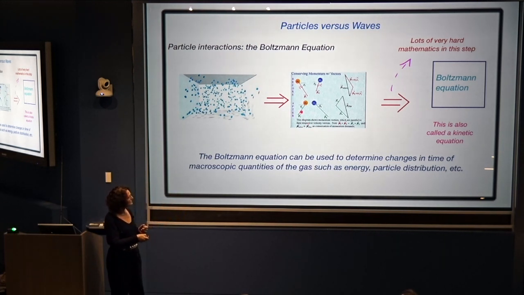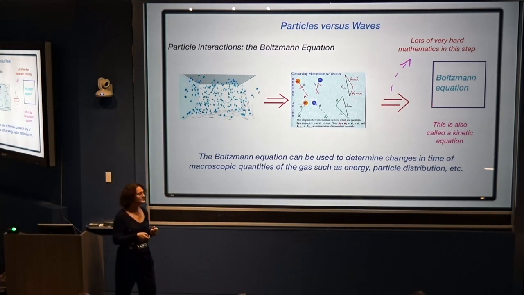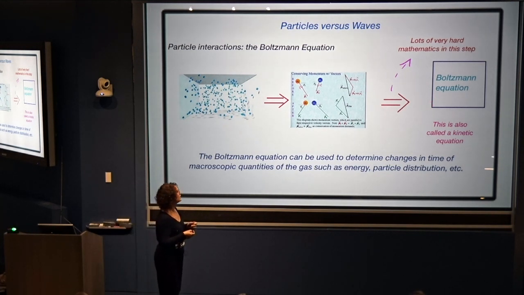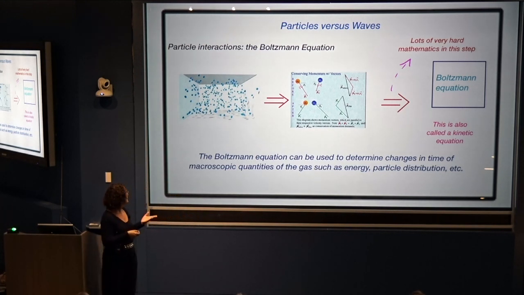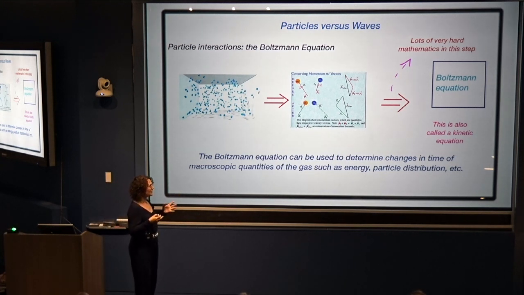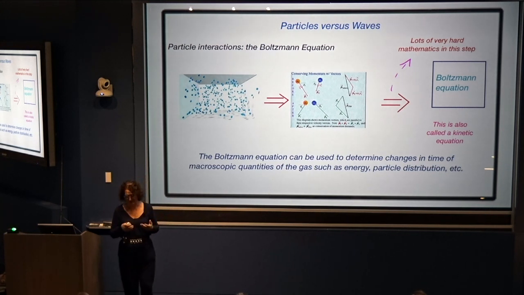There is an equation that pops out from this very detailed study, with a lot of mathematics in it, and we get the Boltzmann equation. So the Boltzmann equation is an evolution equation that depends on time, and it is used in order to determine changes of the macroscopic quantities such as the energy, the particle density, and a lot of other things.